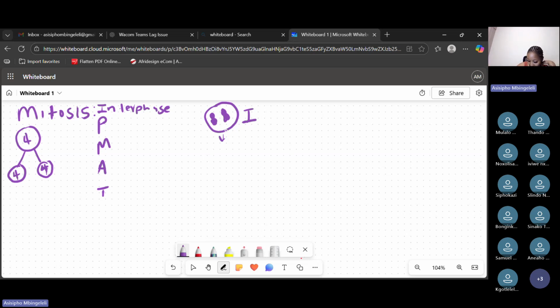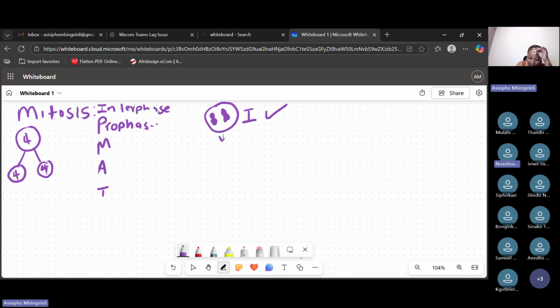We are done with interphase. That's all that happens. Then the next phase is prophase. So we're like, yay, we are done with making a copy of DNA. The chromosomes have replicated, or DNA has replicated.